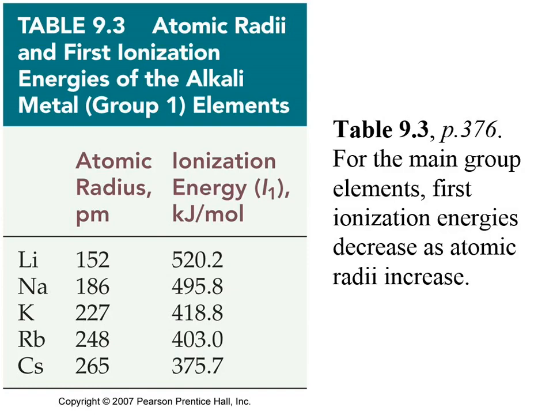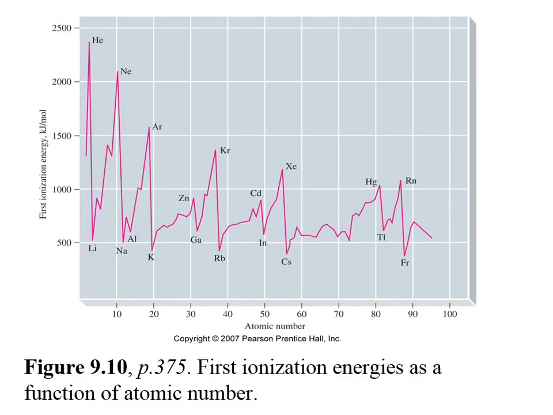That makes sense because by the time you get to cesium, with 55 electrons, it's a lot larger atom. It's a lot easier to kick off that last, outside electron.